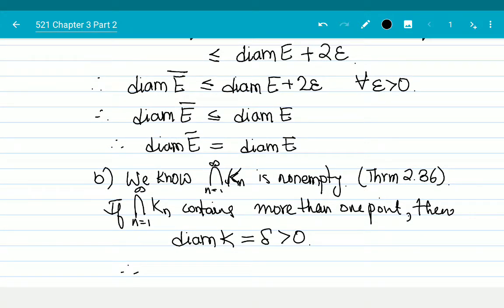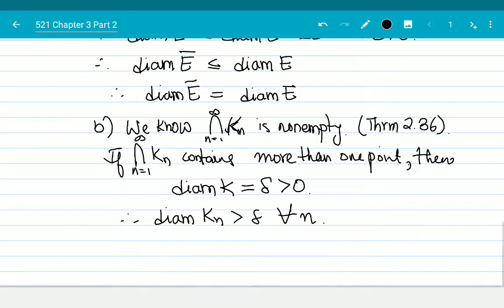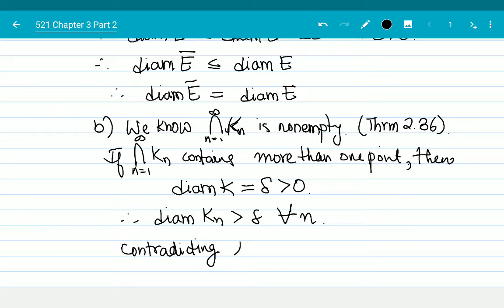Therefore, diameter of Kn is greater than delta for every n. And this is contradicting that the limit as n goes to infinity of diameter of Kn is equal to 0. Okay?